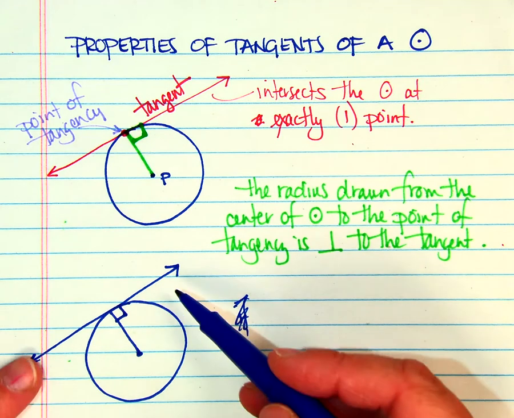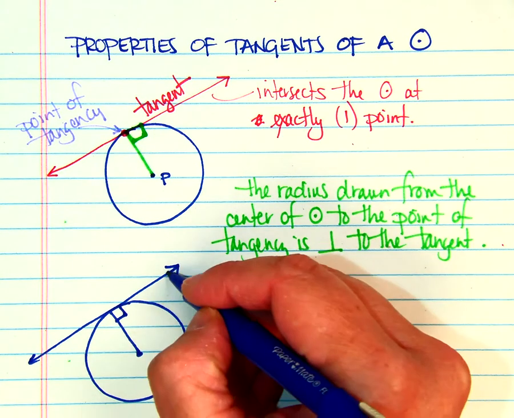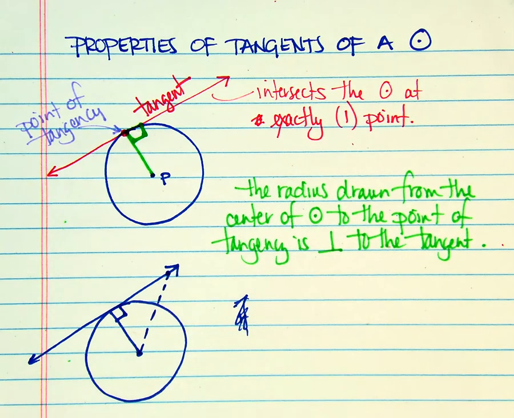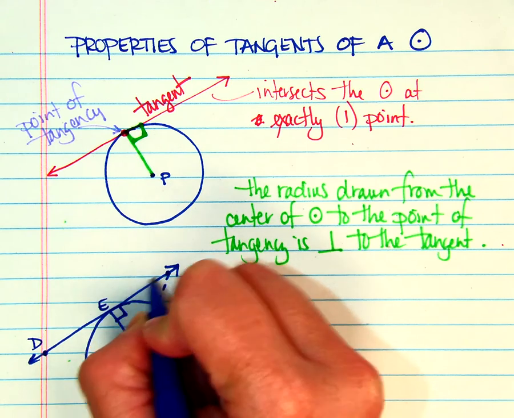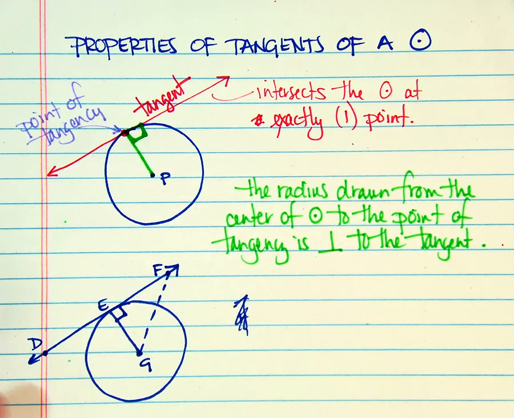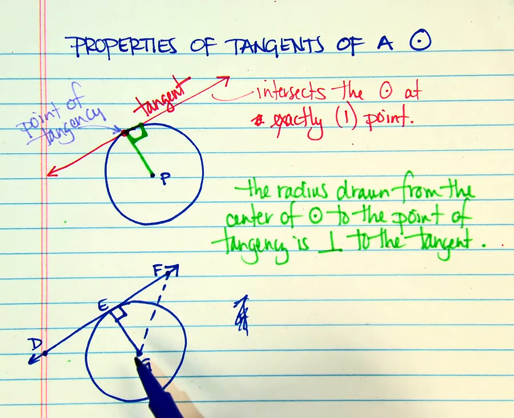Let's see. So what's going to happen is you're going to have lots of unique situations. So let's say we have this segment here. So we have D, E, F, and G. And we know that DF is tangent to this circle, and we want to find the radius.